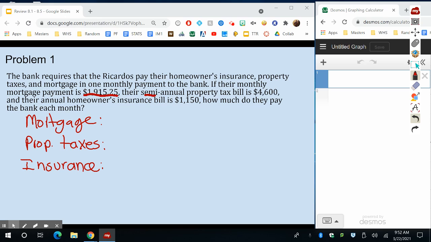mortgage, we're going to put everything into a yearly basis, and at the end, we're going to just divide by 12.